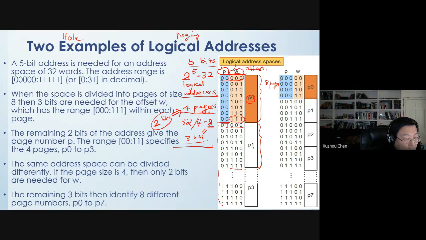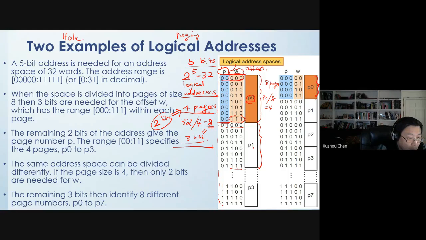The total logical memory is still 32. But if we divide it into 8 pages, then the page size is going to be smaller, right? What's the page size? It's 32 divided by 8, which is 4.